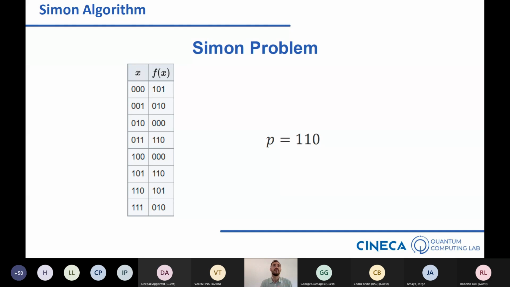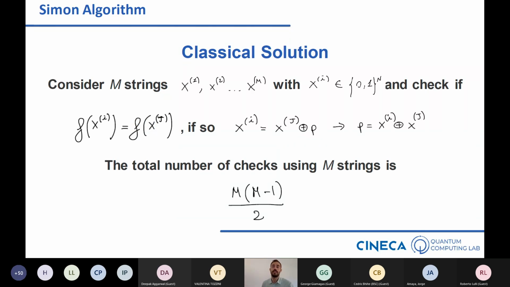So this is the way you do that classically, basically. In general, let me be more formal. If you want to find P, what you have to do? You have to consider M different input strings, and check if there are 2 of them for which f of x is the same.